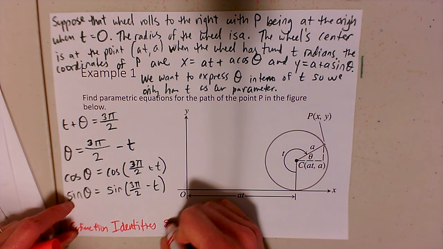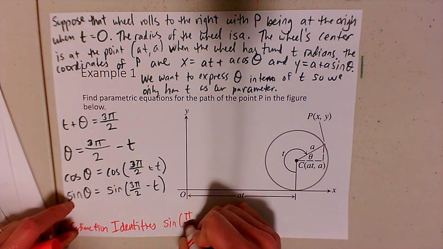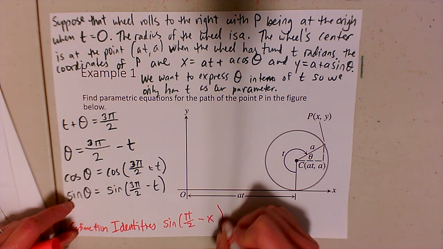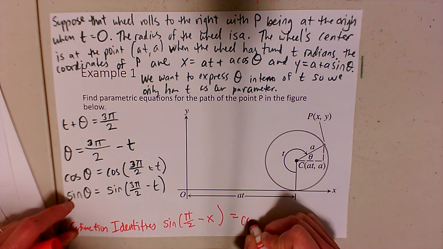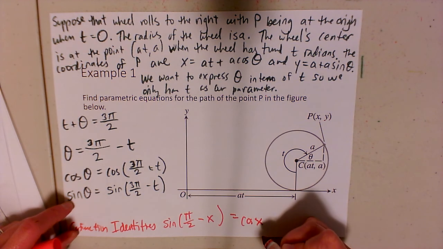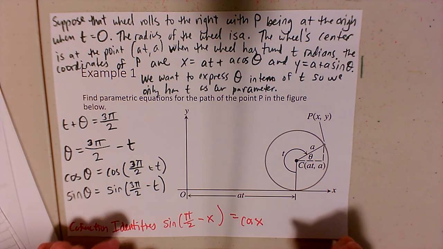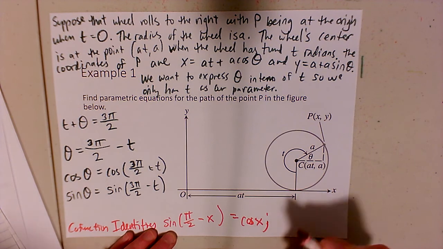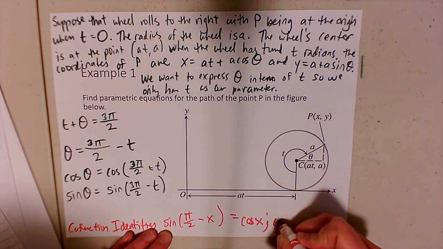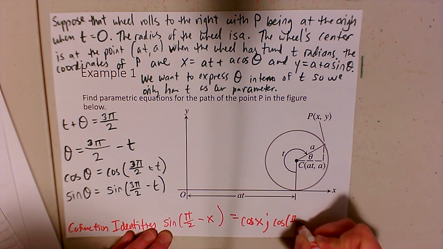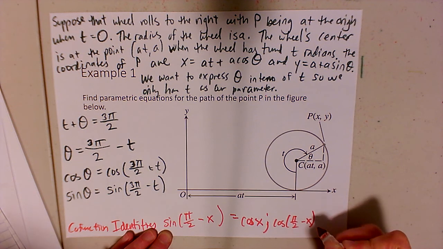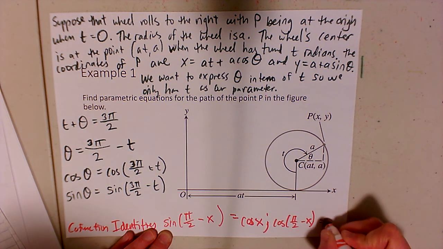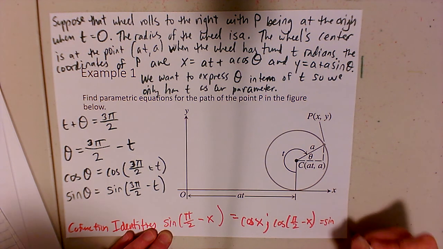For your co-function identities, sine of pi over 2 minus x is equal to the cosine of x. And then we could say that the cosine of pi over 2 minus x is equal to the sine of x.